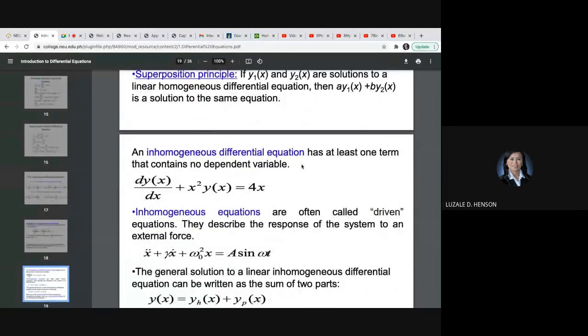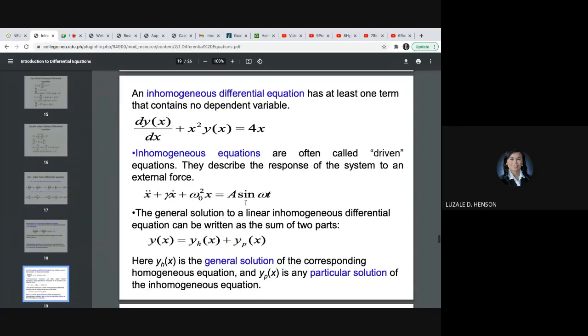It is not homogeneous if it has at least one term that contains no dependent variable. So we have identified our dependent variable as y. The first term has a dependent variable. The second term has a dependent variable. But on the right side, we only have x. Wala tayong y. So this is not homogeneous. Right? So we will discuss more on this next time.